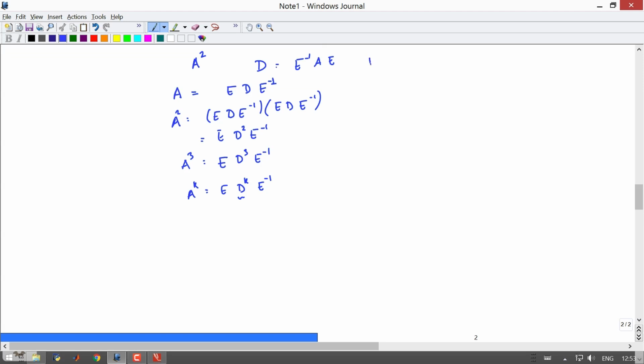Given a diagonal matrix D with entries lambda 1 till lambda n with all the off diagonal entries being 0, D power k would simply be the eigenvalues raised to the power k, lambda n power k, and all the others being 0. And I just have two additional matrix multiplications: multiplying to the left by E and to the right by E inverse.